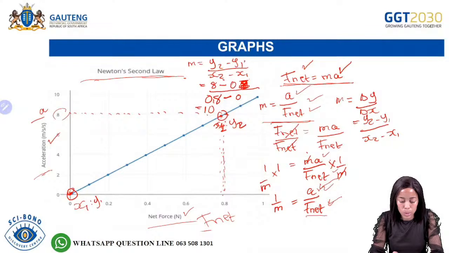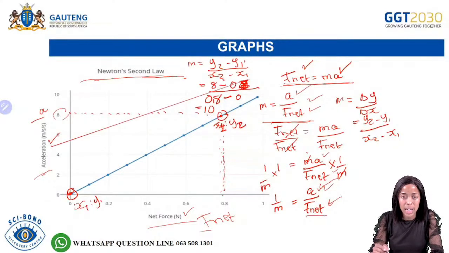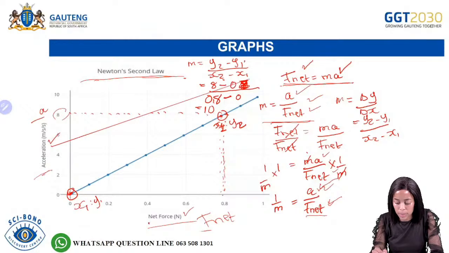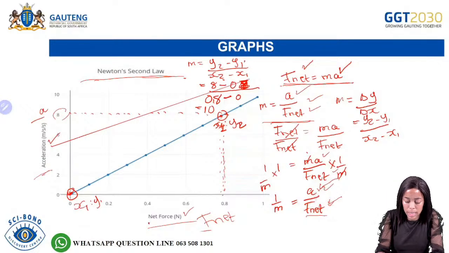Those values are coming from the very same acceleration, which represents our y-axis, and from the net force, which represents the x-axis.